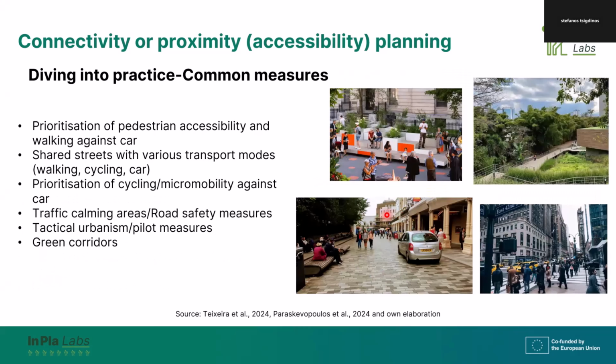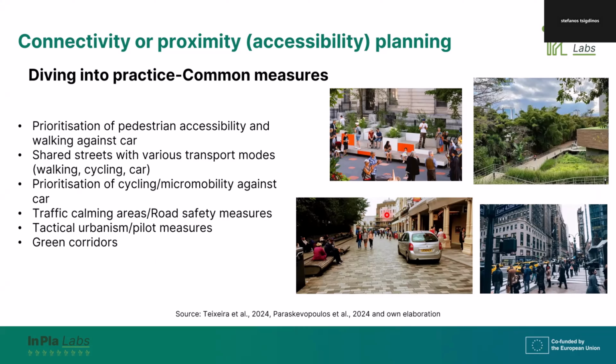Okay, this is our final category, the common measures. Here we have more or less the shared street approach, like sharing the pavement of the street. It's not the usual segregated approach, with the pavement for pedestrians and the asphalt for cars or motorized movement, but on the contrary, merging them together and allowing their interactions.